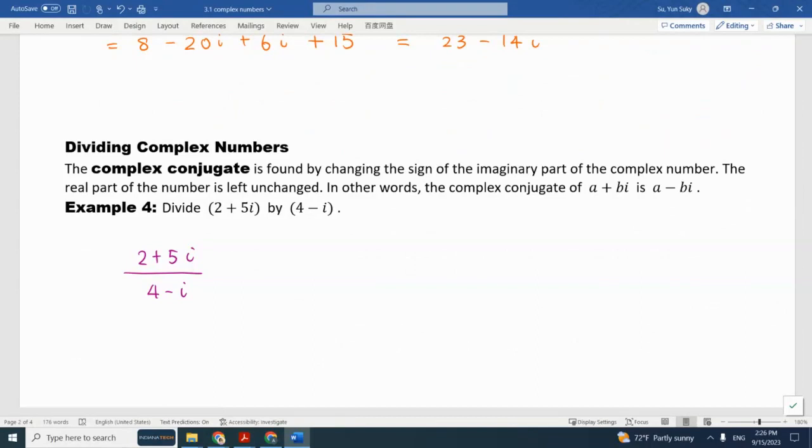The complex conjugate is found by changing the sign of the imaginary part of the complex number. So the real part is still the same. In other words, the complex conjugate of a plus bi is a minus bi. Okay? So far, so good.